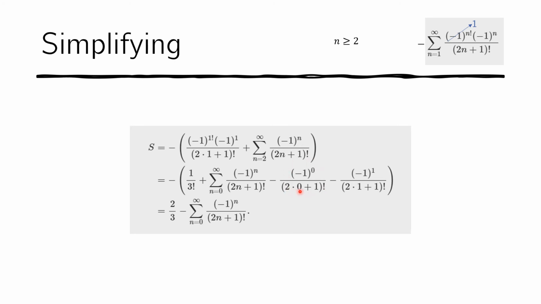So this term for n equals 0 evaluates to just 1 over 2 factorial, and that's just -1/2. And this one, if we evaluate that, it just becomes 1 over 3 factorial.